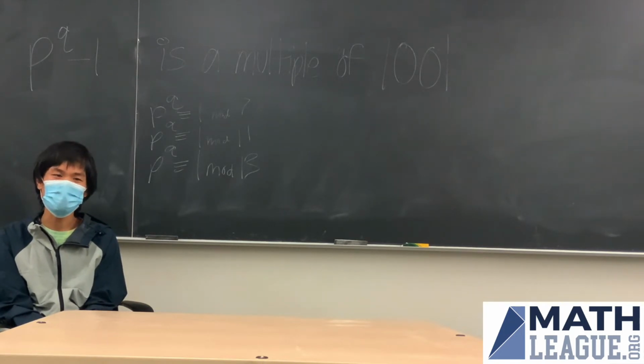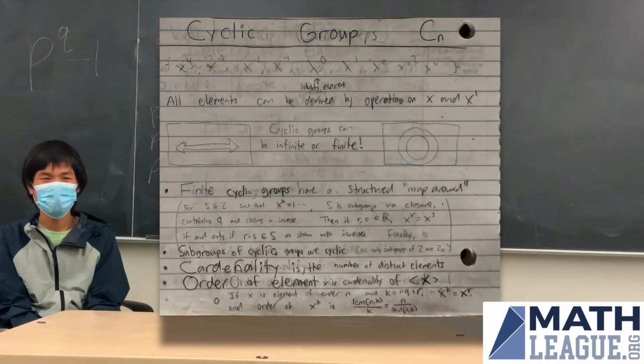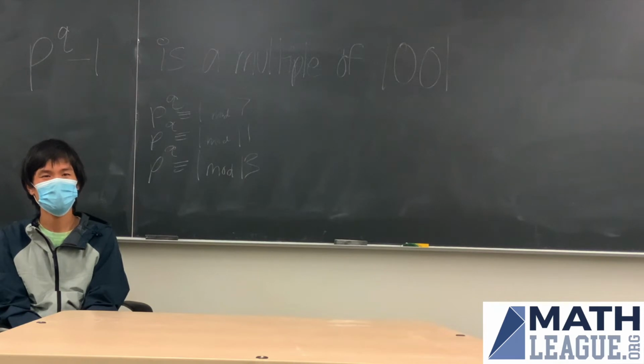But not just any group, a cyclic group. Basically, Gauss showed that for a given prime r there is some value a such that the order of a is equal to r minus 1.